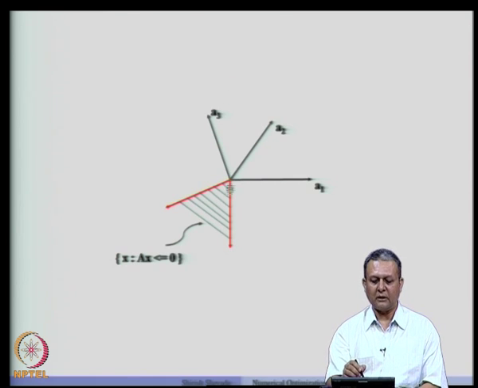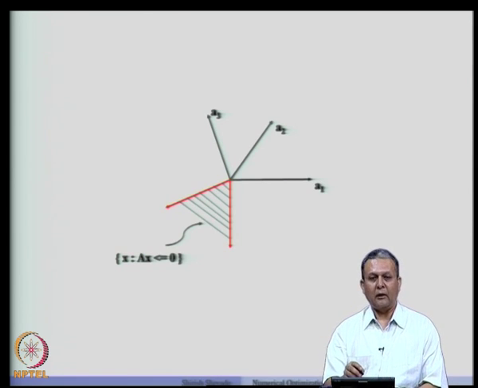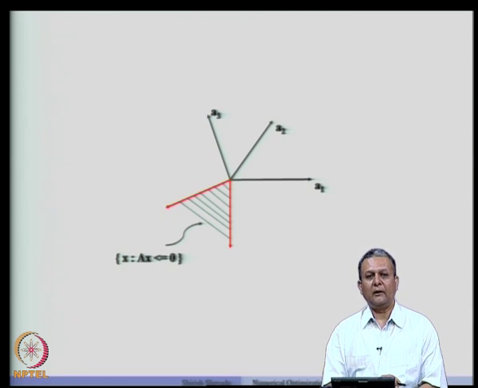Then collect all the vectors which make a right or obtuse angle with a1. So, that becomes a half space.